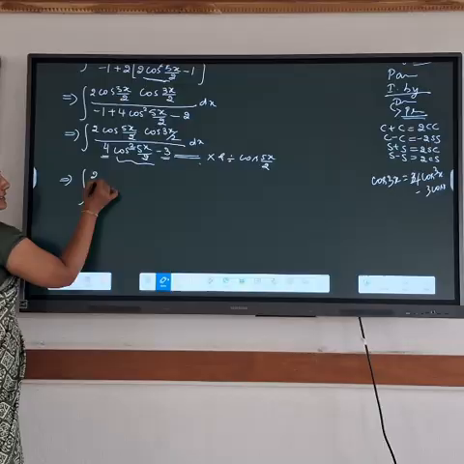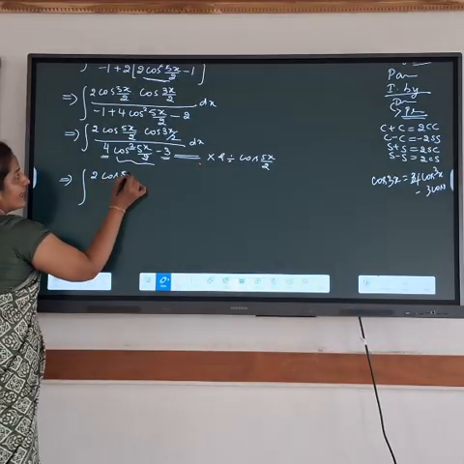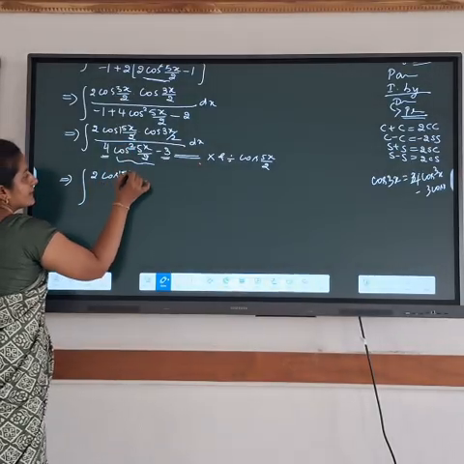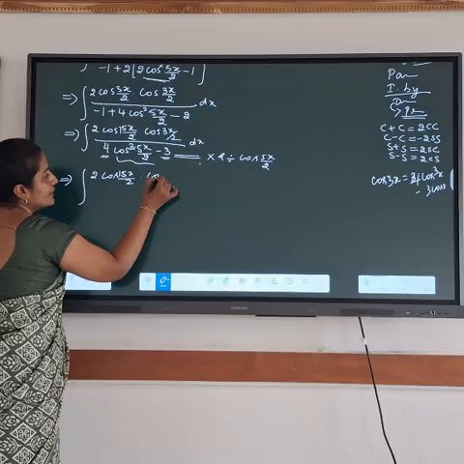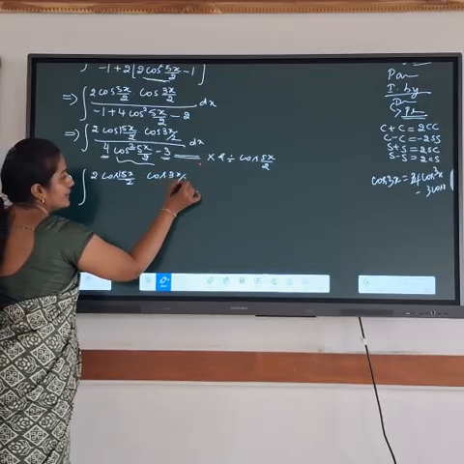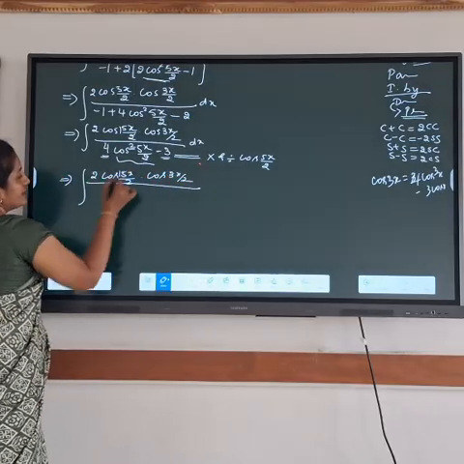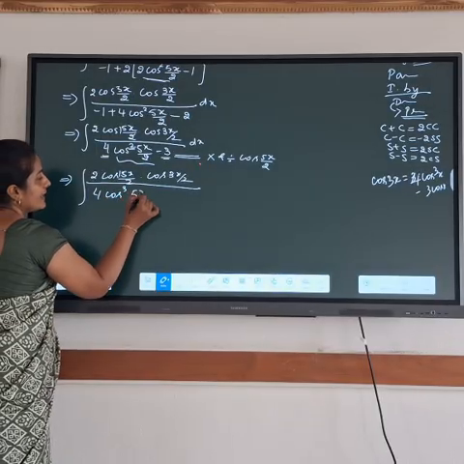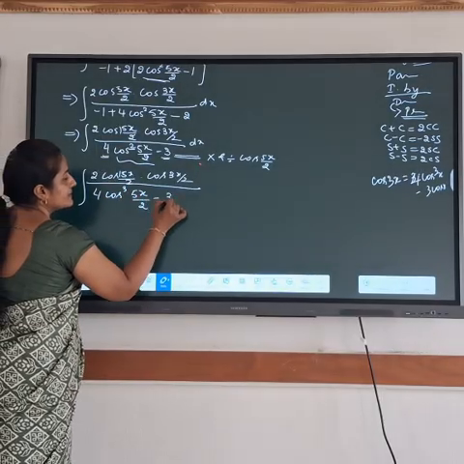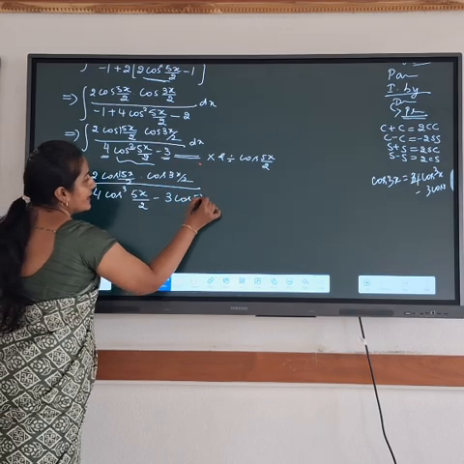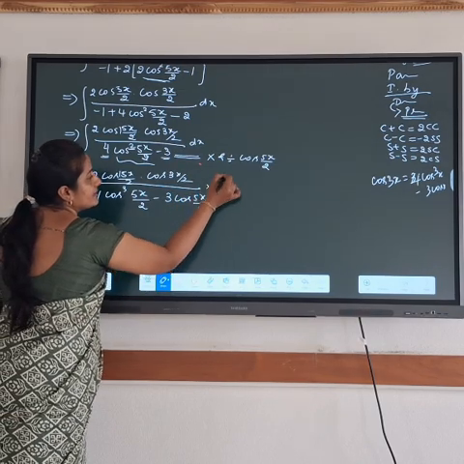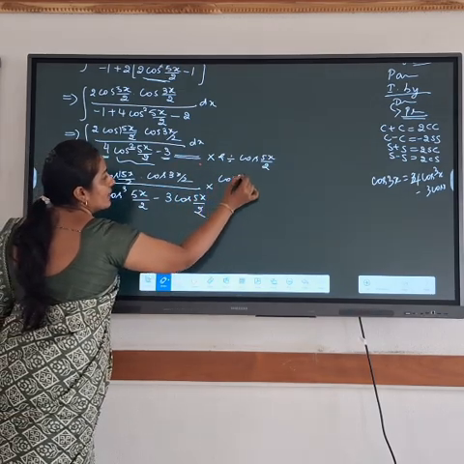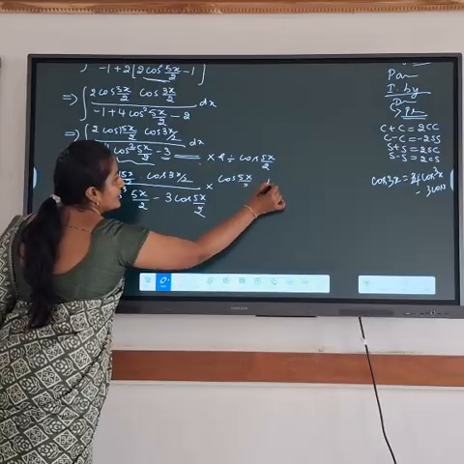Now this can be written as cos 15x by 2 into cos 3x by 2 divided by, this can be written as what? 4 cos cube 5x by 2 minus 3 cos 5x by 2. When we are dividing, this term will go to the numerator. It is cos 5x by 2 into dx.